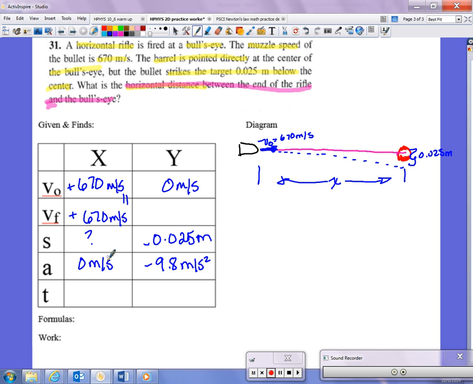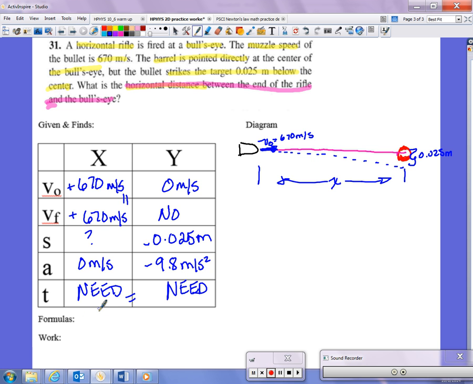So I take a look here, and as I'm looking in x, the only thing I have is that initial and final velocity. I need time in order to solve anything in this x direction. So I'm going to have to find it in the y first. All right, but I can use the no vf formula in the y direction to find that.